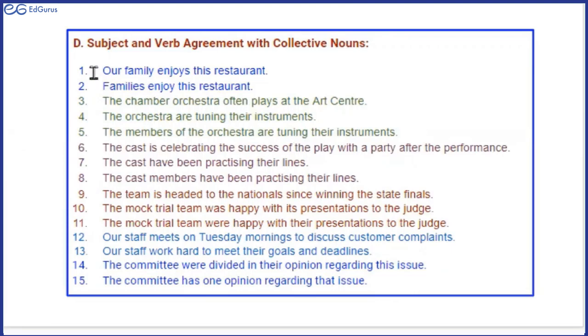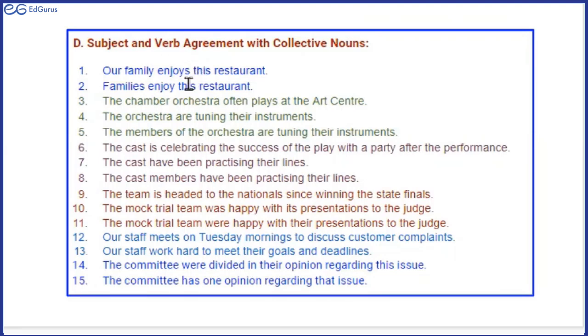The next is subject and verb agreement with collective nouns. When collective nouns are the subject, how do we choose the verb? Our family enjoys this restaurant. Now, family is what? A collective noun. But when family is used as a single unit, then we use a singular verb.